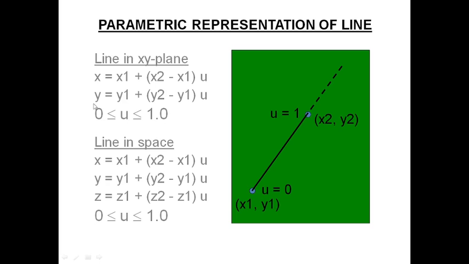So typically 0 here means the start point. When you put u equal to 0 in this equation, you get x1, y1. Put u equal to 1 in this equation, you get x2, y2. So this is the start point, this is the end point. And in space, similarly, you have another coordinate, which is z. The representation remains the same.